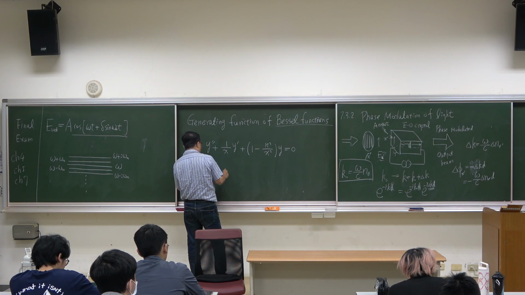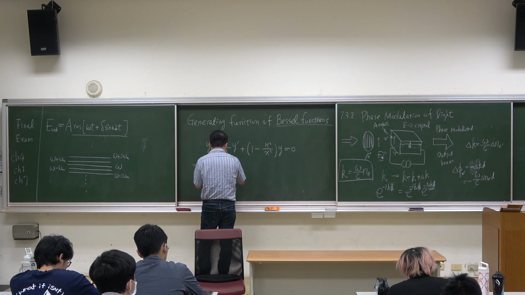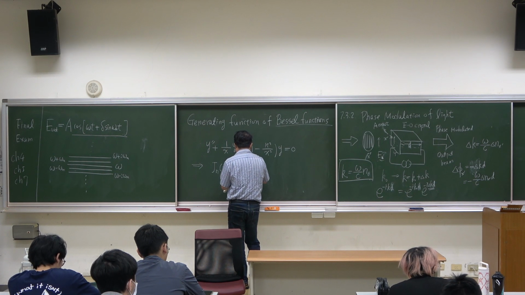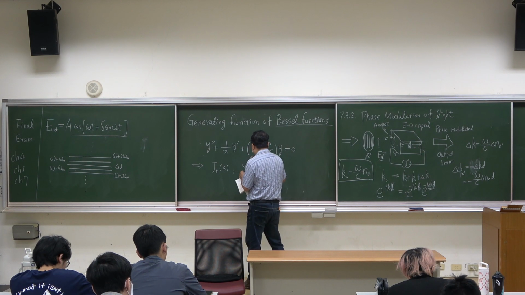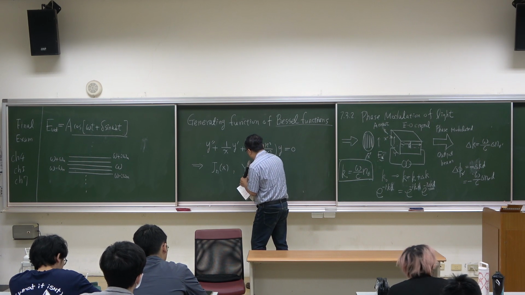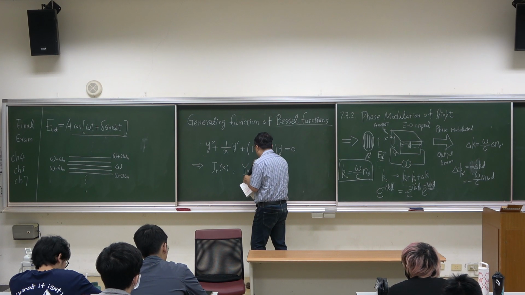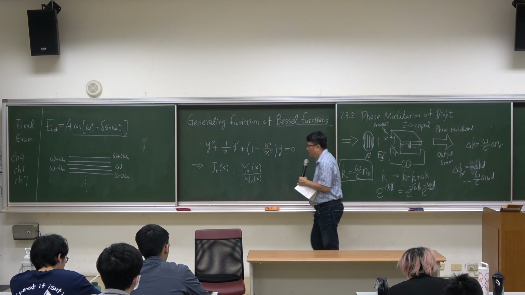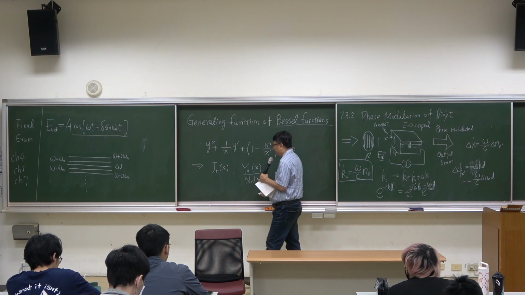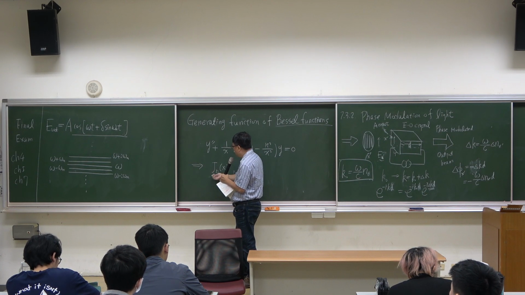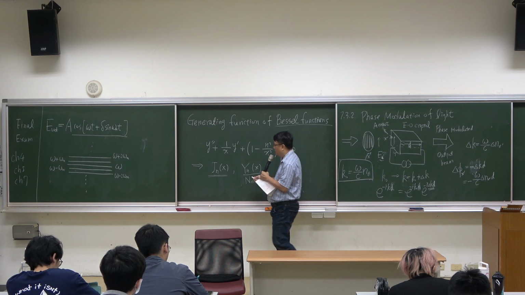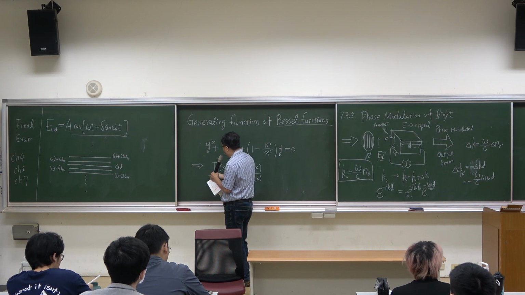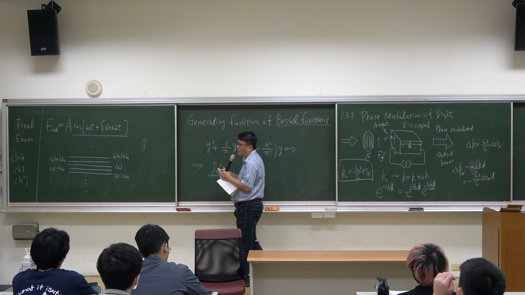The first is called Jn x. The other is called Yn x. Some books use another notation, say Nn x. So this first kind of Bessel solution, Bessel function, is the Jn function.